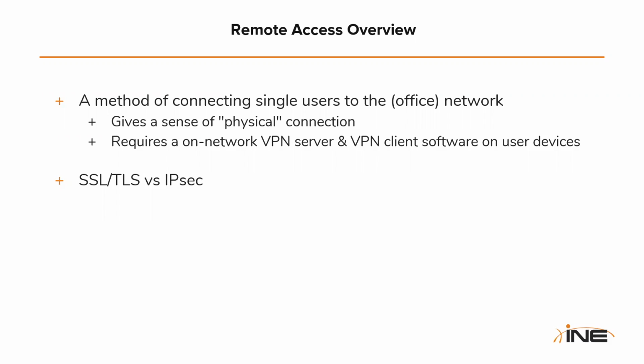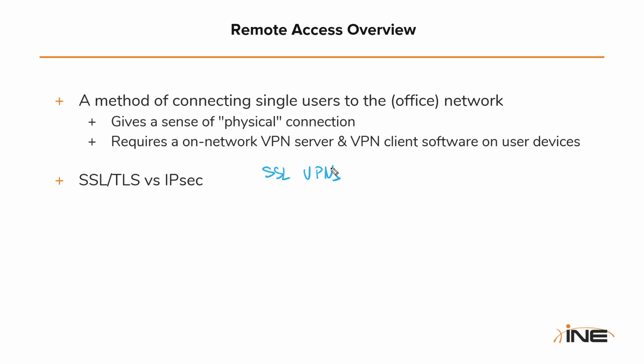And now one additional note on SSL/TLS. Technically speaking, today the remote access protocol itself is known as TLS, which stands for Transport Layer Security. But in most literature, in most books and documentation, you will see that it's actually called SSL VPNs.